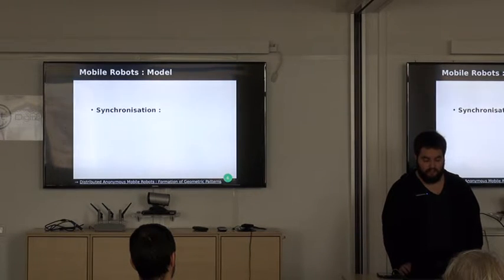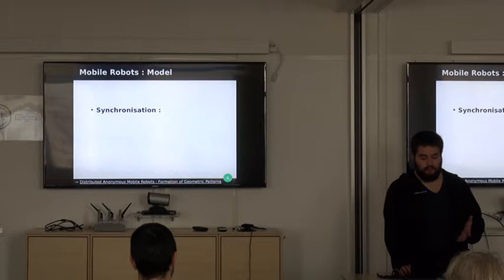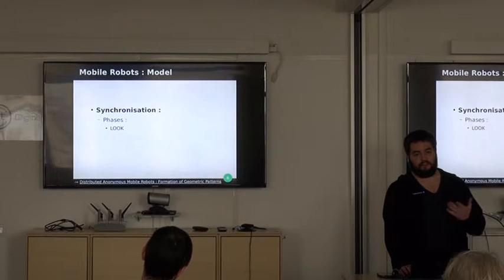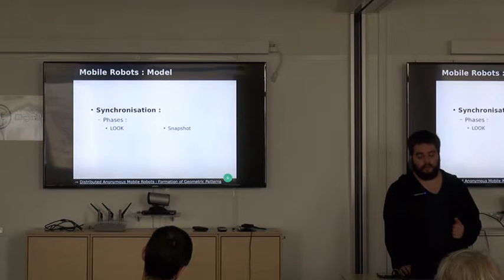In terms of synchronization, we model the robots working in terms of phases. So the first phase they do is look. So they use that visual sensor to get a snapshot of the environment and of the other robots. The look phase is usually considered to be instantaneous.